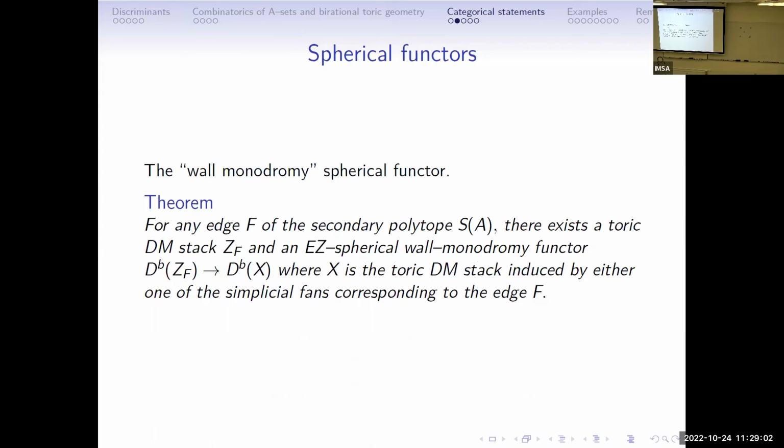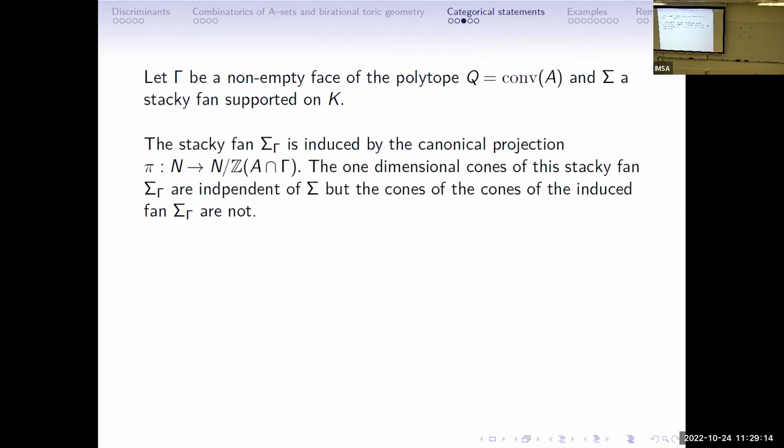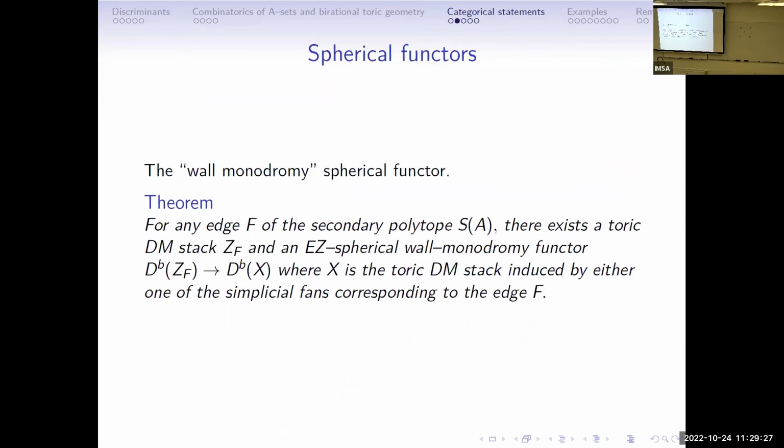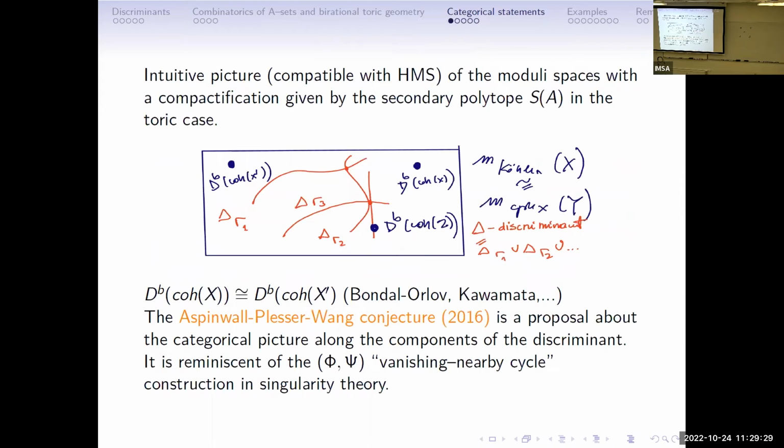What this functor corresponds to is the action of this loop at the categorical level. I'll say a bit more about this, and then what I promised, and what is in this proposal of Aspinwall, Plesser, and Wang, is this construction of a category corresponding to each component here.